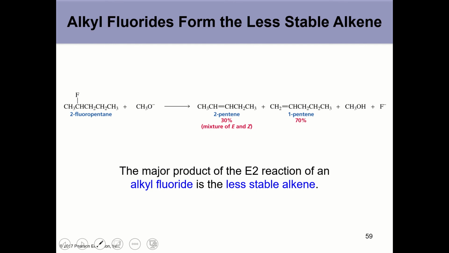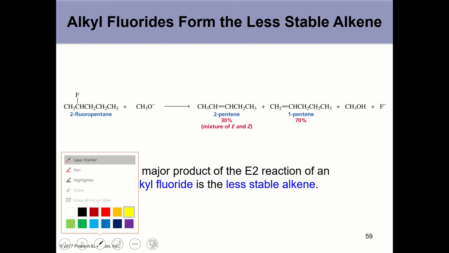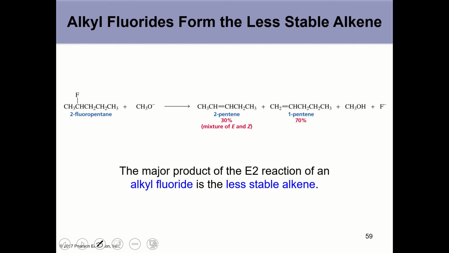But if fluorine is the leaving group, then the major product will be the less stable alkene, and we'll go through why that occurs. But the most important thing to realize is that the 1-pentene is the major product. Now let's look at some of the reasons why.